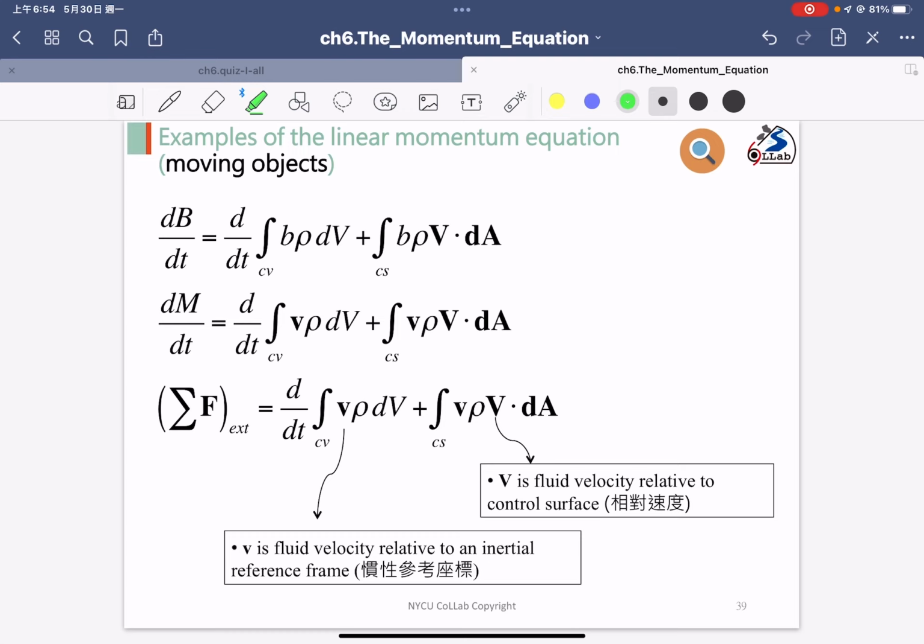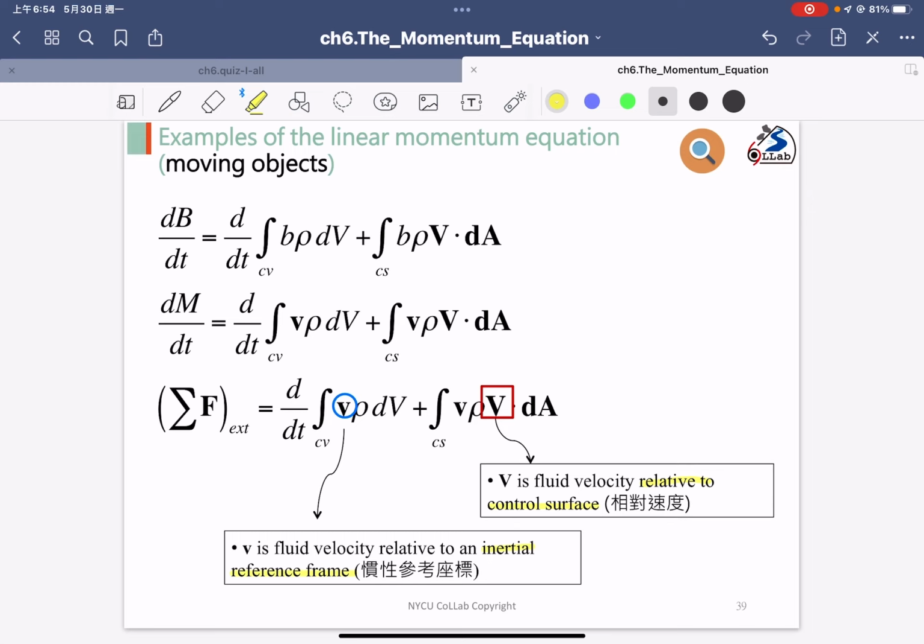As the equation shows here, the capital V is the velocity relative to the control surface, and the small v in here is relative to an inertial reference frame. So the velocity definitions are different.